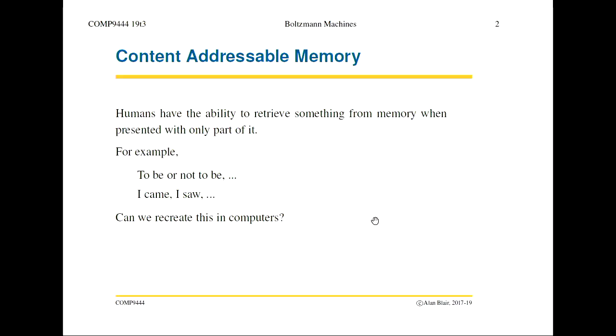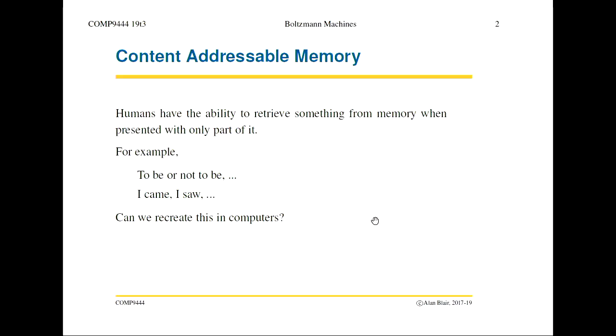Often if you're given part of something, you can recognize the whole thing. If we see an image, sometimes we see an object that's occluded, but we can imagine what the whole object would look like if it were visible.